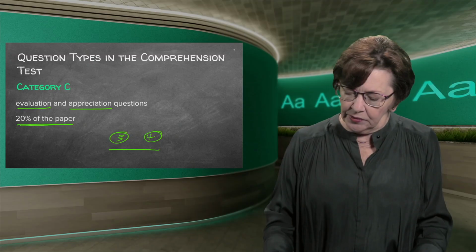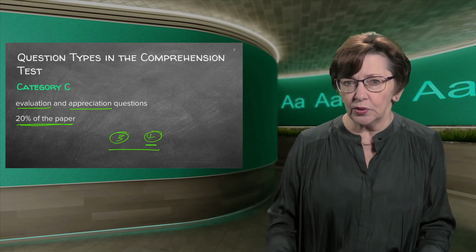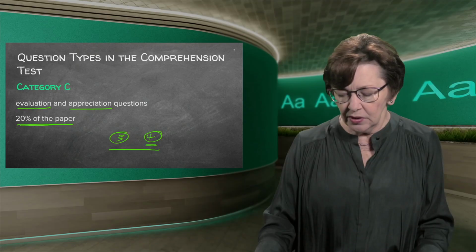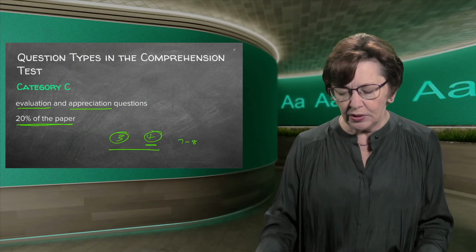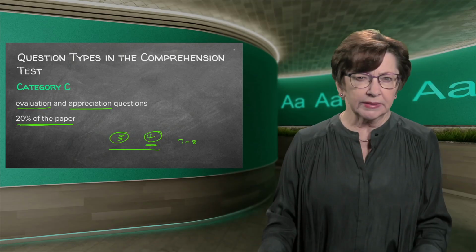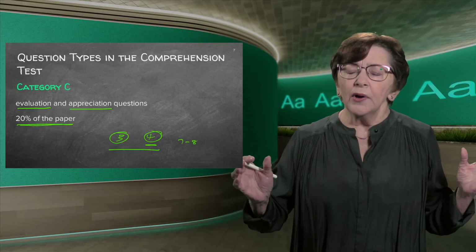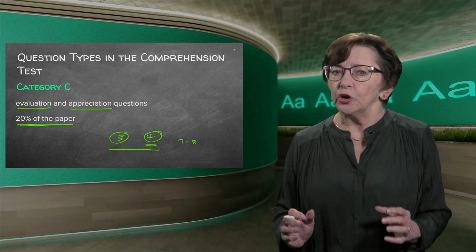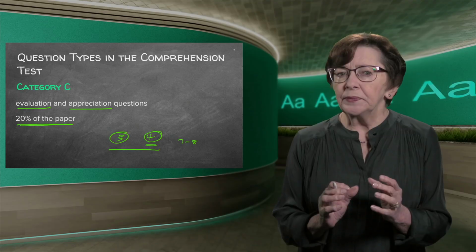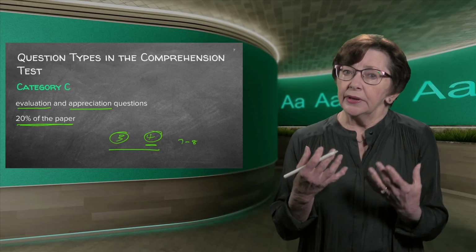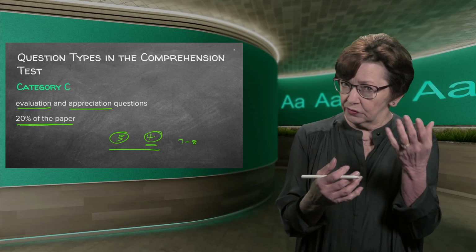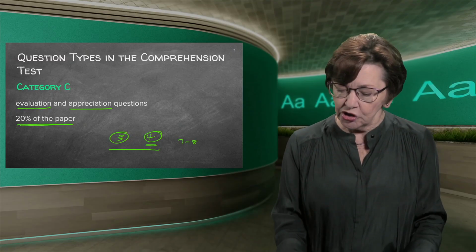However, even if it's a 4 mark question, don't answer it with more than 7 to 8 lines at most. Don't go using paragraphs for that. Answer once again to the point. Look at the instruction, but bring in those aspects of evaluation, judgment, and appreciation.